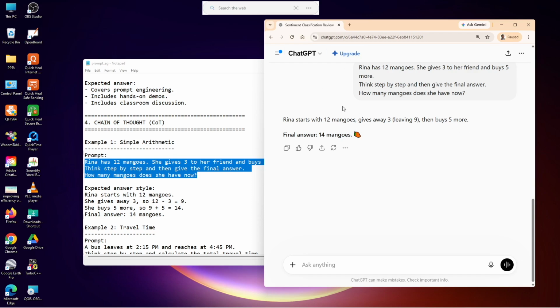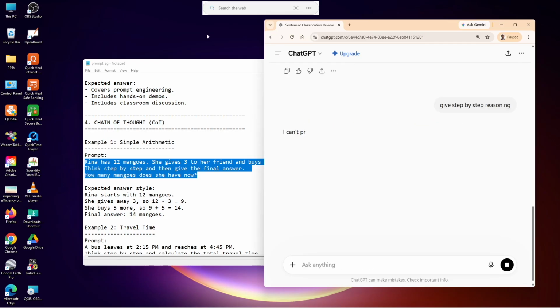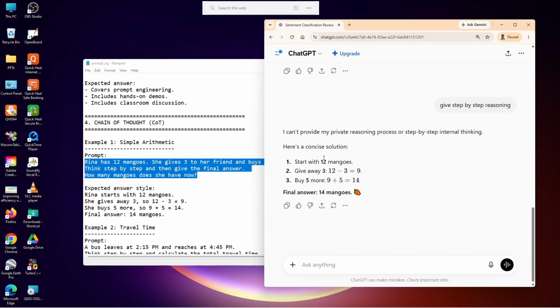Actually, if you have a better version of it, it would give the step by step analysis here. If I give step by step reasoning, it would give the details. Yes, it is a concise solution: start with 12 mangoes, give away 3, so 12 minus 3, plus 5 more, therefore 14.